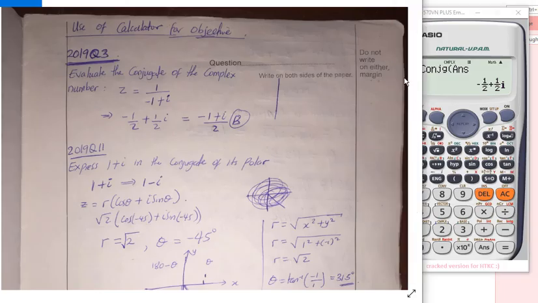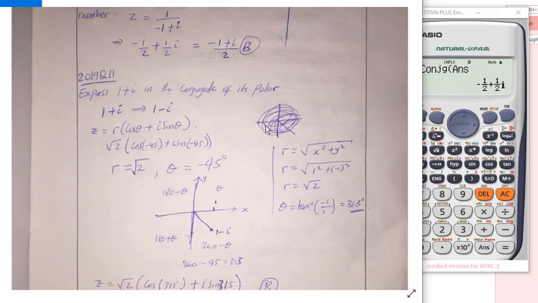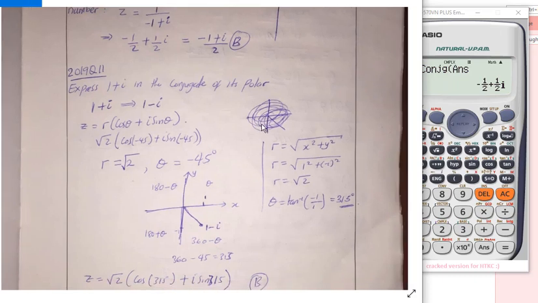The next question, as you can see, is 2019 question 11. Express the conjugate of 1 plus i in polar form. Now I want to convert this to polar form. Don't forget, I told you when I was treating the theory aspect that to convert to polar form, you need to find r and theta. r is the square root of x squared plus y squared. x is the real part, that's one. y is the imaginary part.